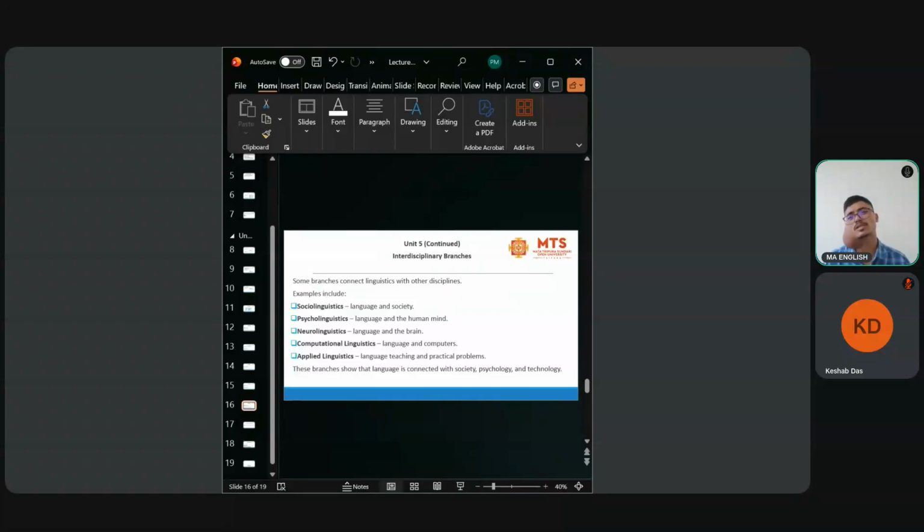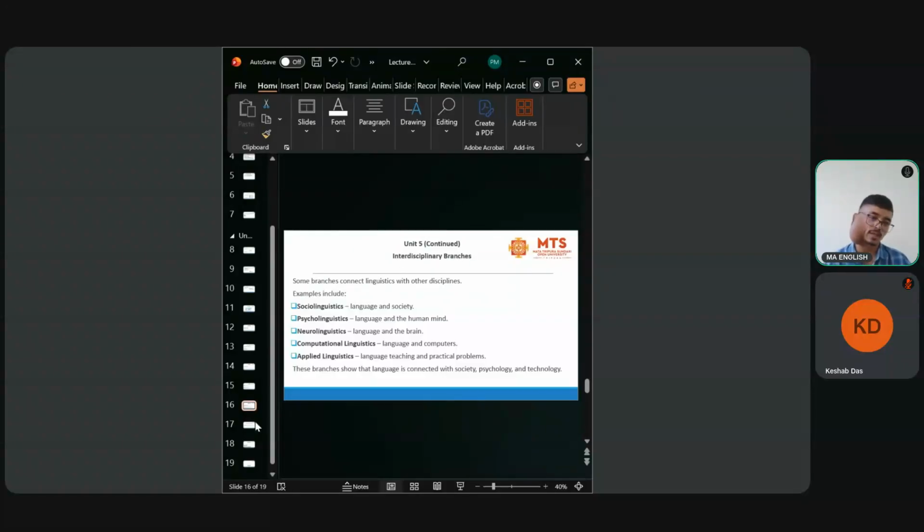So the key message of this slide is that language is not isolated from the rest of human life. It is deeply connected with society, the mind, the brain, and technology. So linguistics, therefore, is not just an academic exercise. It is a living and growing discipline with connections to virtually every aspect of human experience.